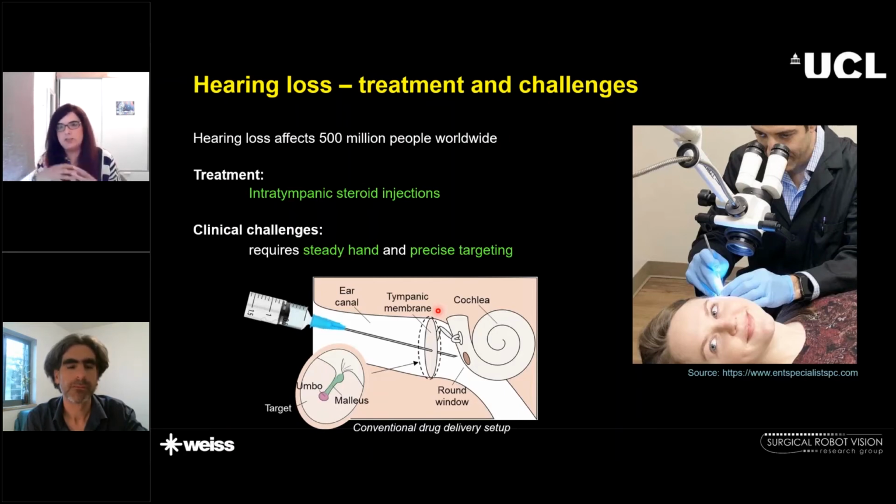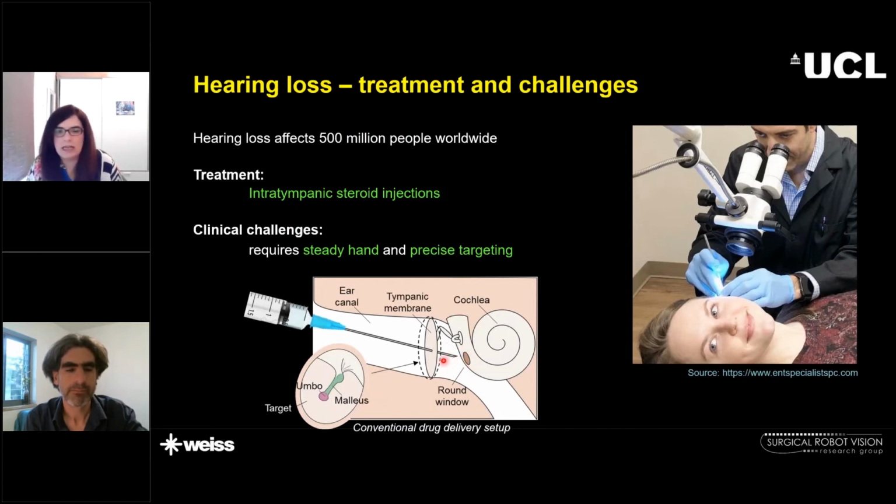One of the commonly done treatments for this condition is doing injections at the back of the ear, where the ENT surgeon needs to have a very steady hand and precise targeting of the region in order to avoid any damage to the nearby anatomies.